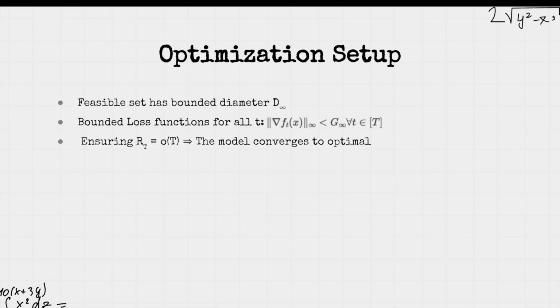And the algorithm converges to the optimal solution x star if the problem is convex and well posed. Thus, R T equals o of T is a formal guarantee of the convergence in online optimization. And for the following, we are going to use this criterion as the proof to prove that Adam is not converging or the proposed method is converging.